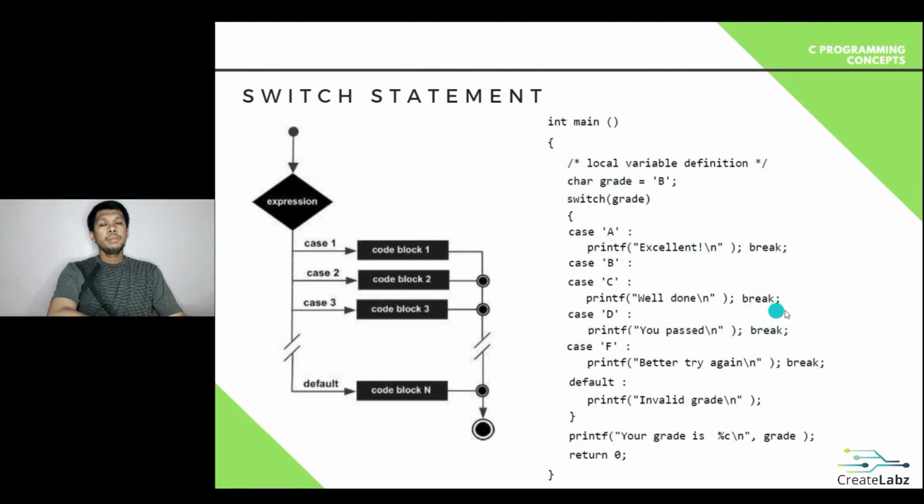Meaning, well done will be printed, break ends the switch statement, so it will go directly out here, outside the switch statement. Your grade is %c\n grade. Again, %c is a format specifier for character, and grade is a character, so your grade is B.